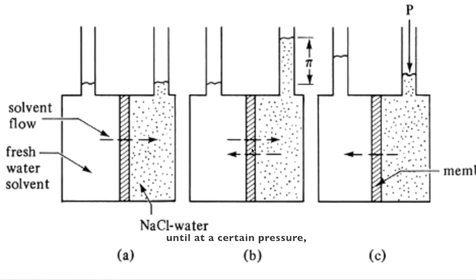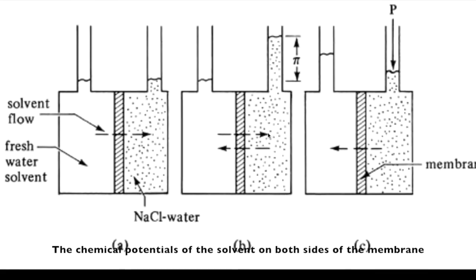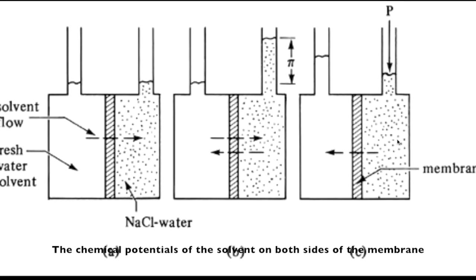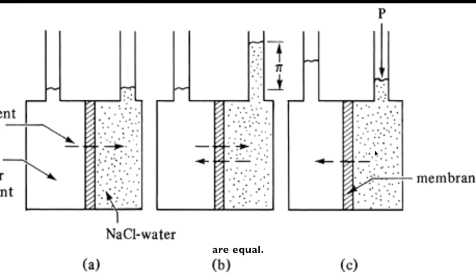until at a certain pressure called the osmotic pressure on the salt solution, equilibrium is reached and the amount of solvent passing in the opposite direction is equal. The chemical potential of the solvent on both sides of the membrane is equal.